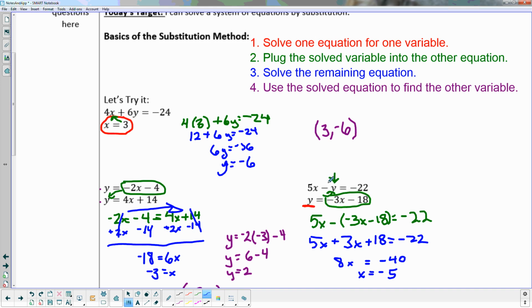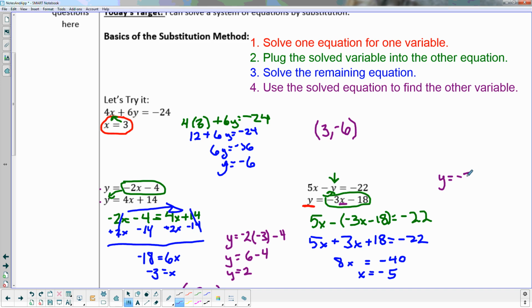Now, the great thing about substitution is when you solve one of your equations for one of your variables, or in this case it was already done for us, we actually have an equation that's set up really nicely to find our other variable. So again, I'm going to use that negative 5 right here in this equation to figure out what y is. Now keep your eyes on the prize. I already have x, I need to find y.